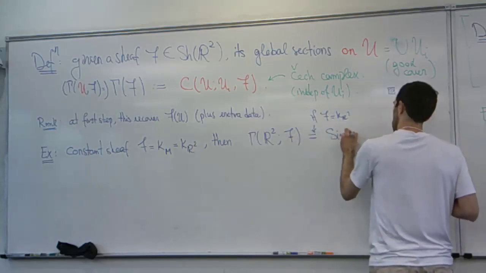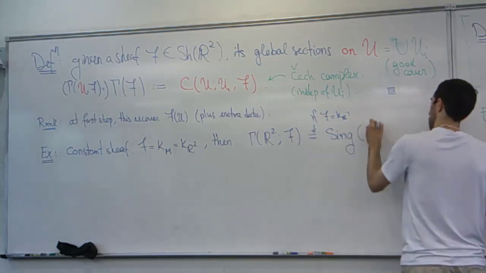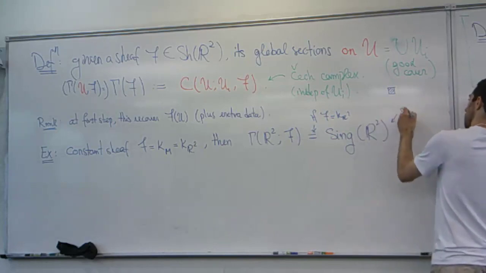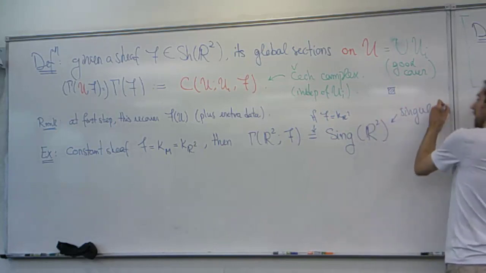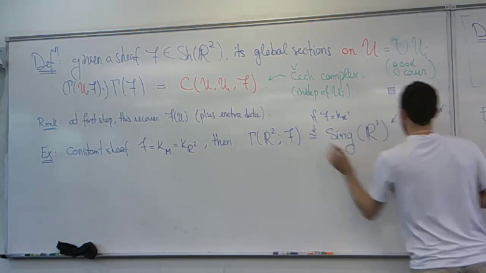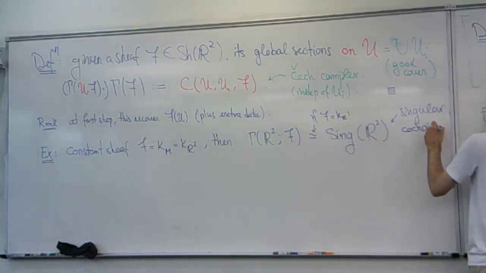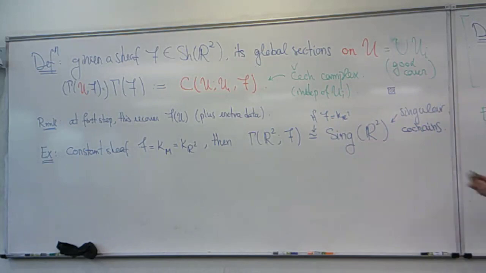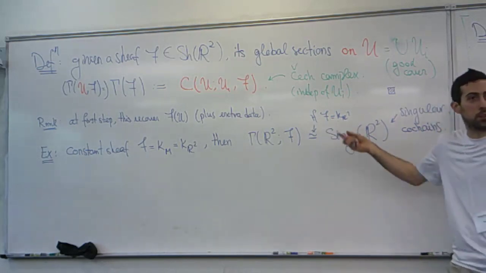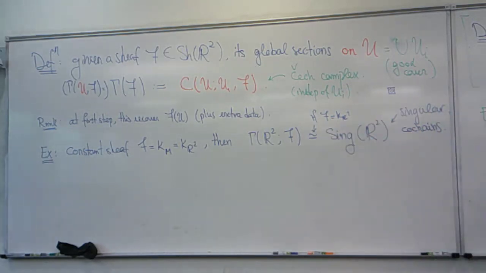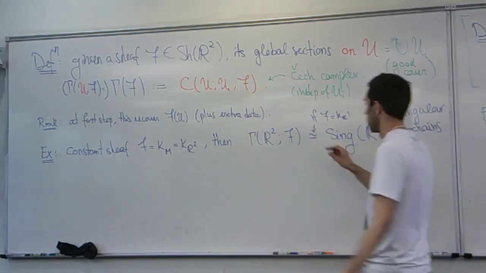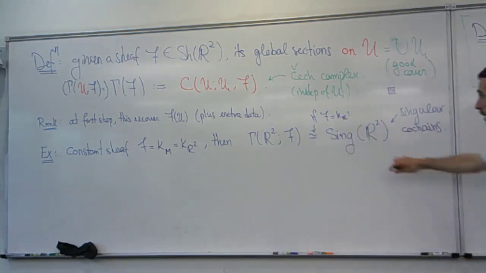Let me write it as singular cochains of R2. When I write equality, I always mean quasi-isomorphism as a chain complex. I know this is trivial for R2, but for a manifold, this is going to be something interesting. If we're computing the constant sheaf on the circle, then you would have something interesting, H1, when you compute the homology.